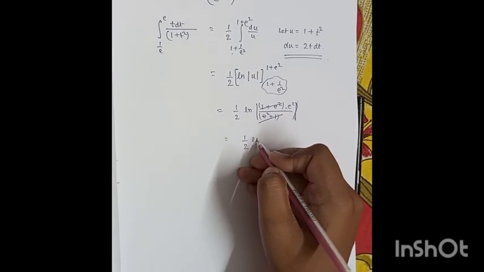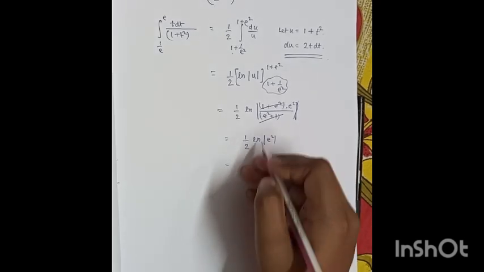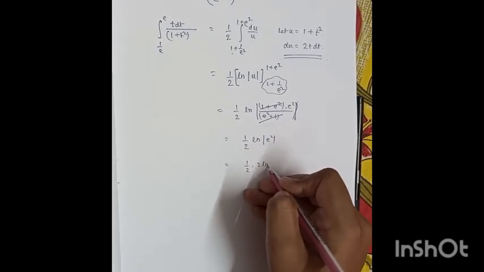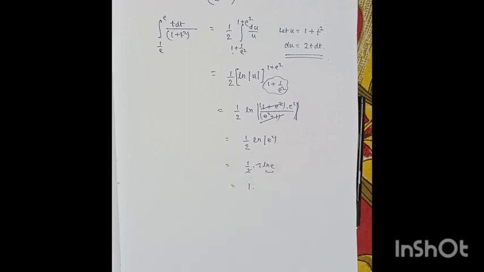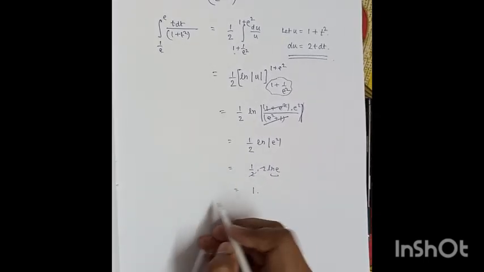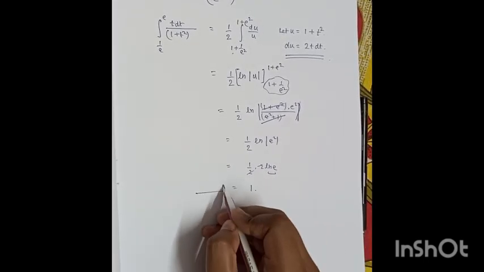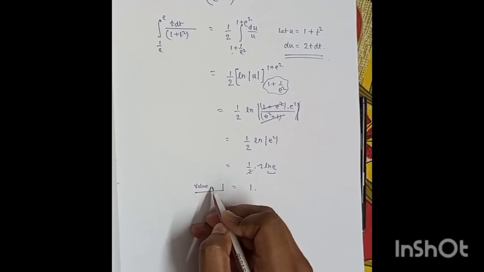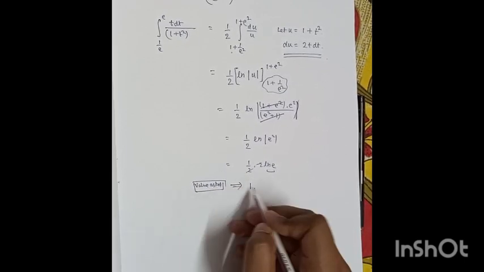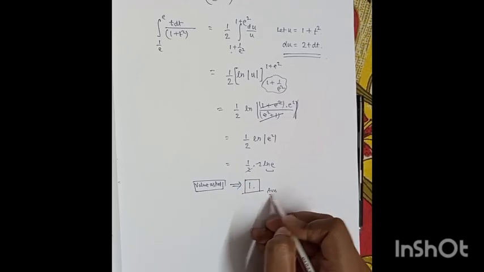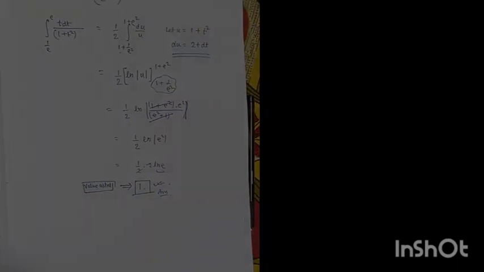So this is half log e square. This is half into 2 log e, and we know log e is 1. So the value asked is this, and this is our required answer.